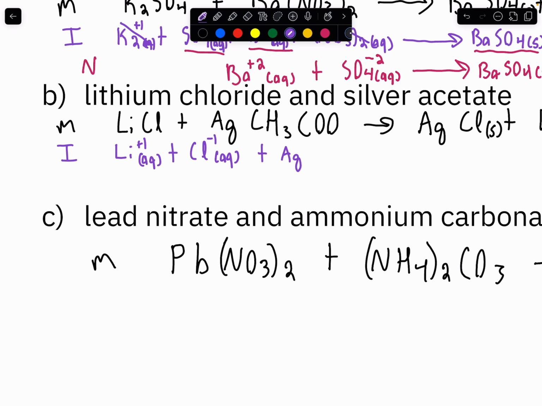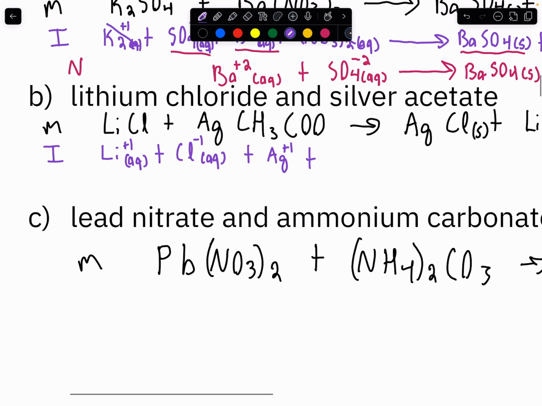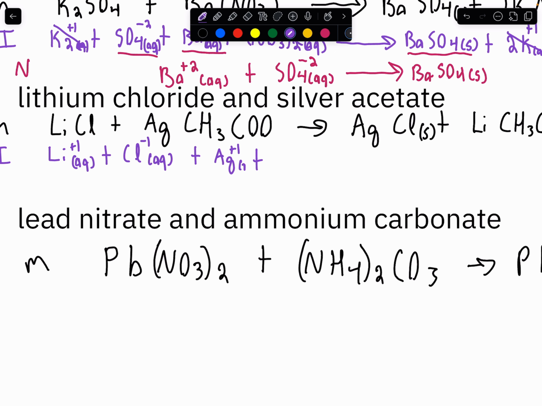Let me look that up because I could be lying to you and I don't want to do that. It has a -1 charge, so our silver is +1. I don't know why I forgot silver was +1. It's late at night, guys. CH3COO is a -1, aqueous.